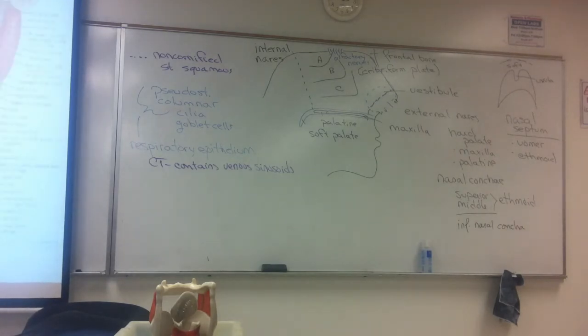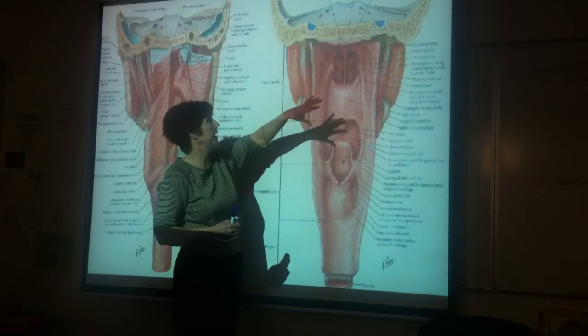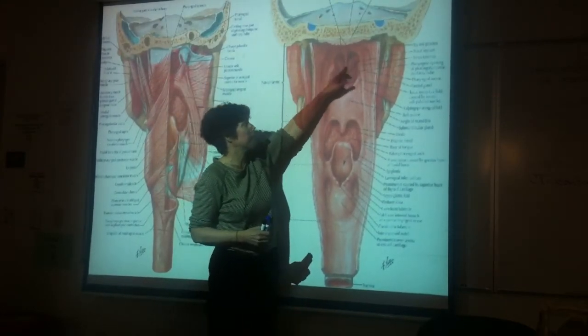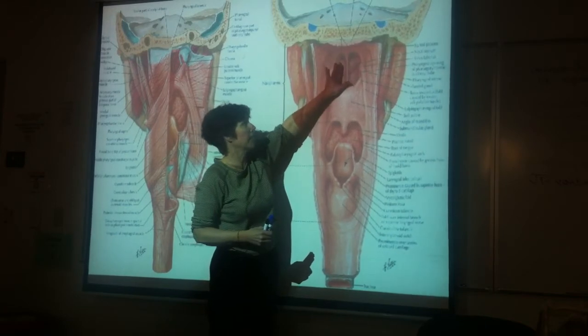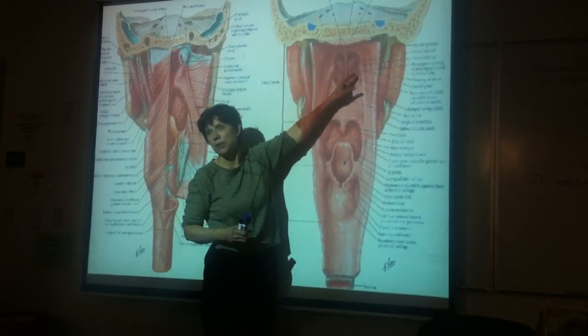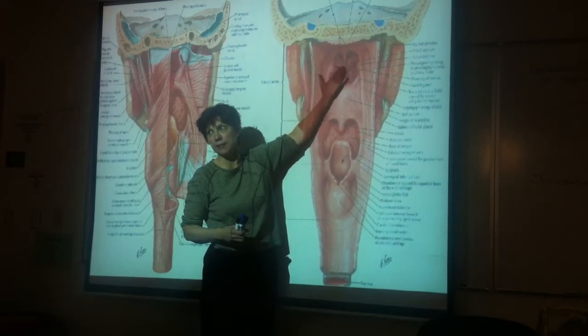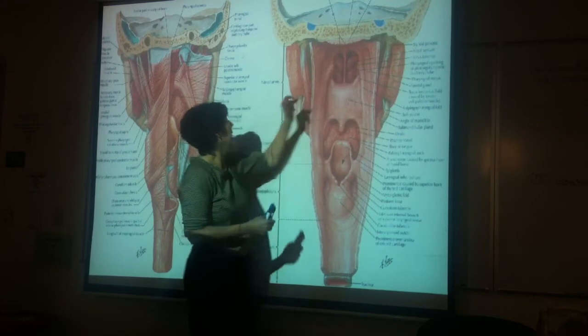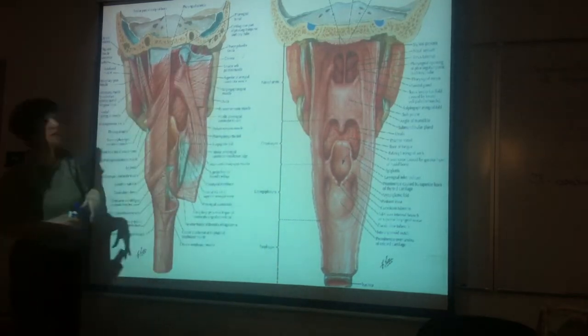So let me forward the slides here for a bit, and I'll show you, here we go. This is a Netter's diagram from the posterior view. So the pharynx has been cut open, and you're seeing the turbinates here. Here's the nasal septum. So the openings on this side and on this side are the internal nares. So it's the opening that the air flows through from nasal cavity to nasopharynx. And what was open right here would be where the pharyngeal tonsils would have been.